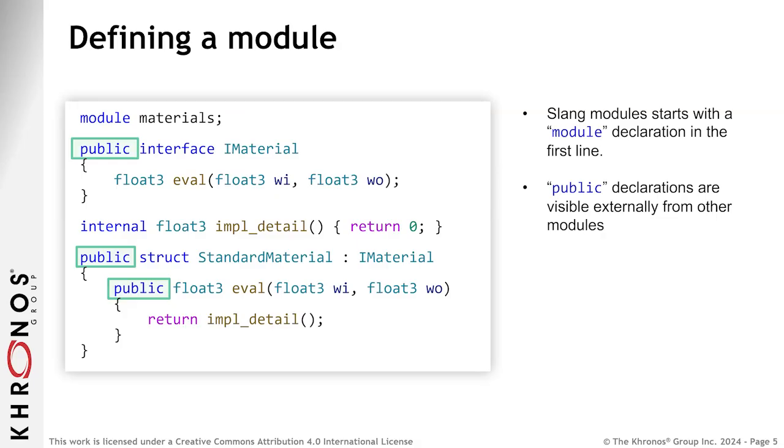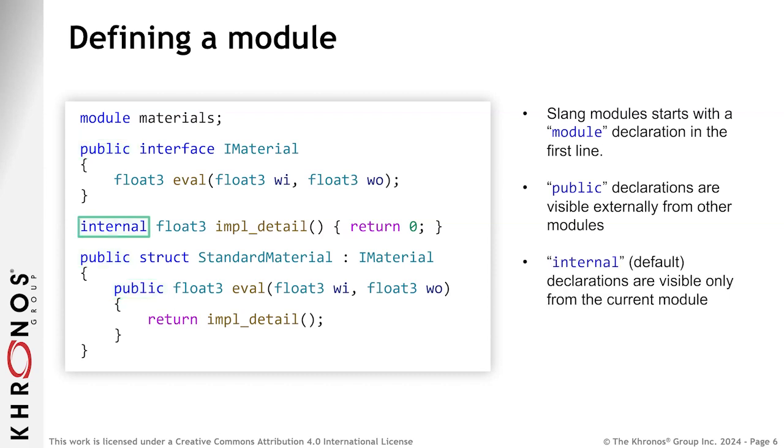So here, public means that the type or function can be used from another module. And internal means that the declaration can only be accessed from within the same module. So that would be like an implementation detail that's hidden within the module.